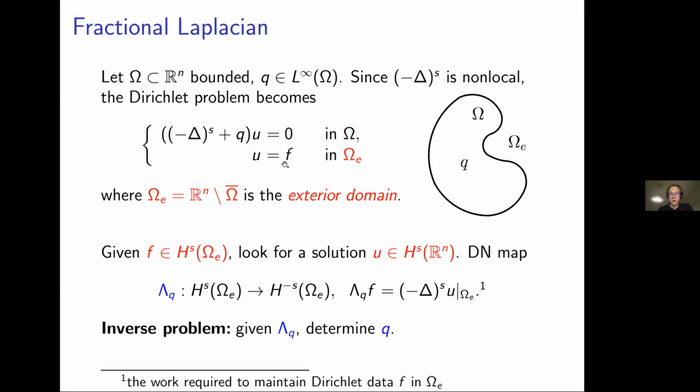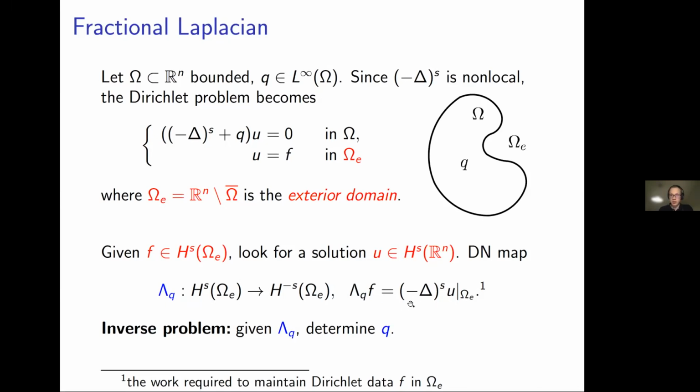So you prescribe exterior Dirichlet data f in the whole exterior. And then if f is in the Sobolev space H^s in the exterior, then there is a solution in H^s of R^n. And the Dirichlet-to-Neumann map in this case would be the one which takes the exterior Dirichlet data f into the exterior Neumann data.